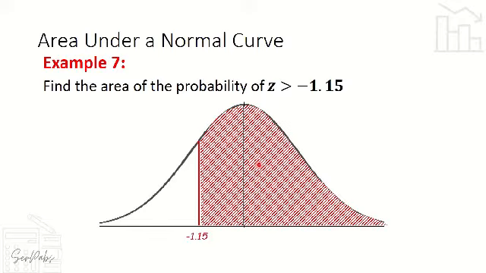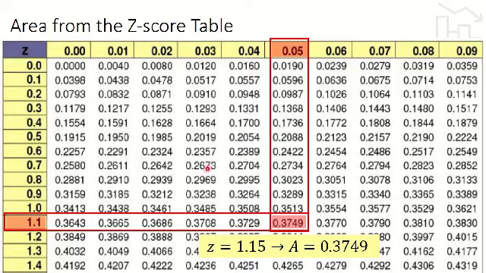And so how can we get the probability of Z is greater than negative 1.15? Kunin natin yung probability ng 1.15 and then i-add natin sa area ng lahat ng positive. Tandaan natin, sa area ng kalahati ng curve natin, automatically 50%, so automatically 0.5 na yung kalahati kasi yan na yung kalahati ng ating distribution. Pag kinuha natin yung ating area ng 1.15, that will be the intersection between 1.1 and 0.05.